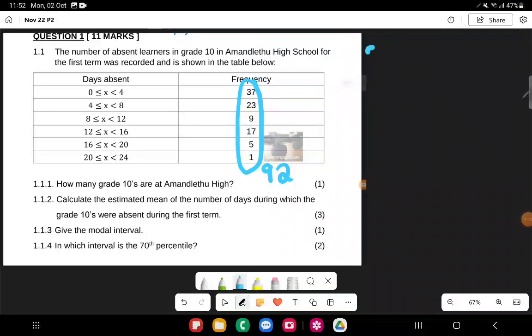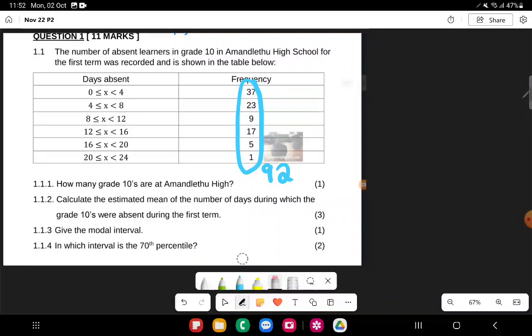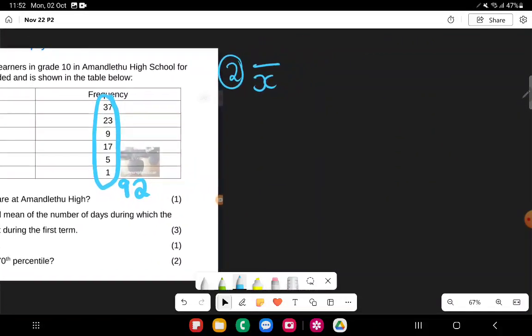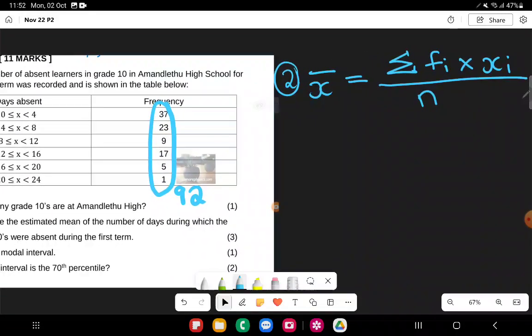So to answer question number 2, we are going to say that the estimated mean is equal to the sum of the frequency of the class interval multiplied by the midpoint of the interval, divided by n, which is the sum of all of the frequencies. What do those symbols mean?